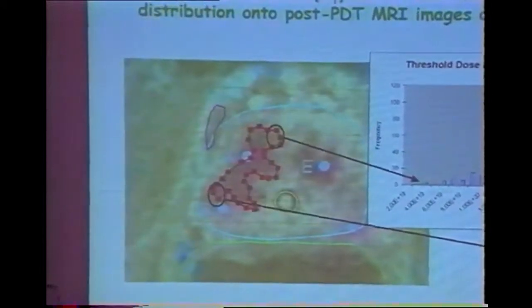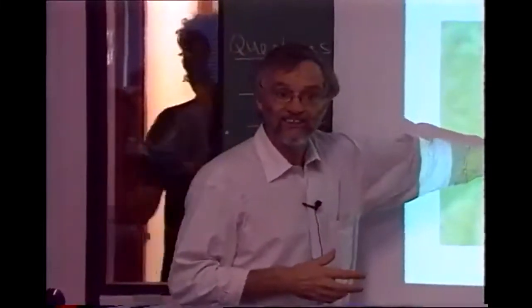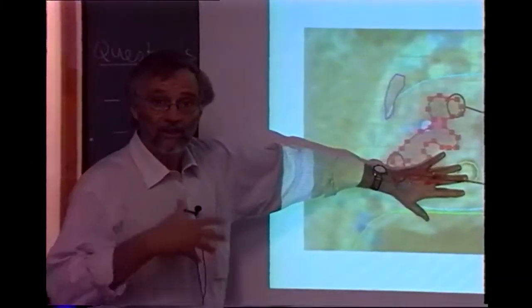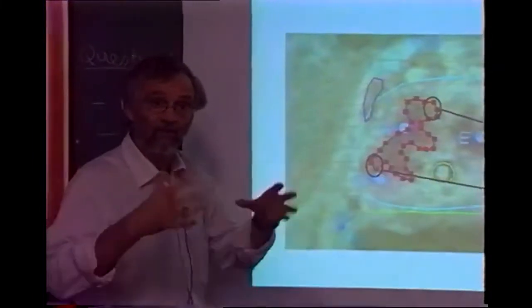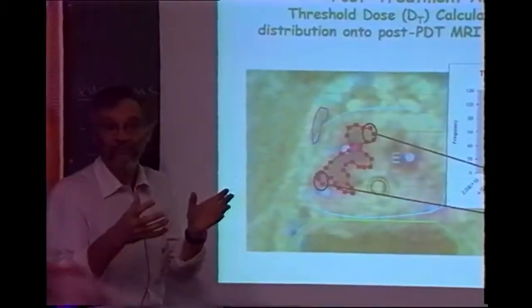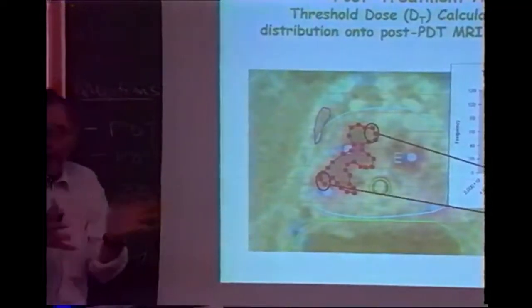So previous radiation completely changes, for example, the vasculature, and this is a vascularly targeted drug. So what we're probably looking at here is a reflection of the altered microvascular distribution caused by the previous radiation. The details of that don't matter.